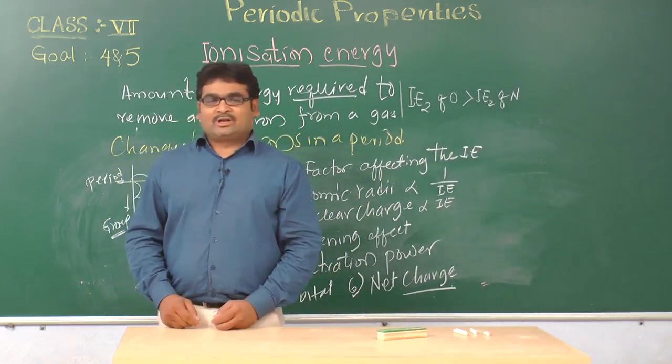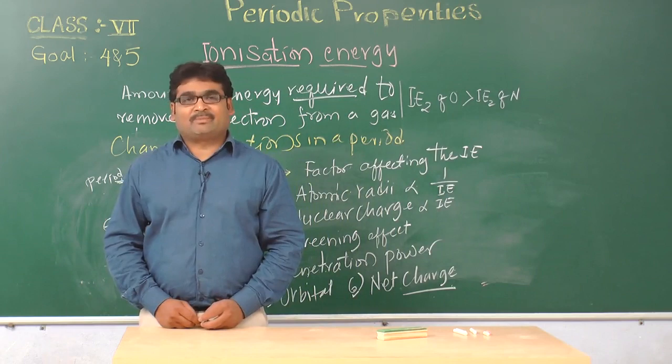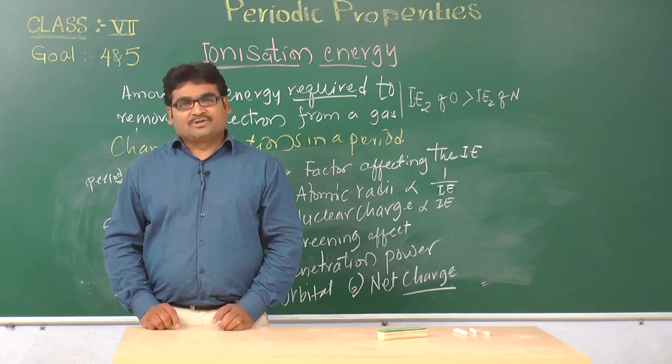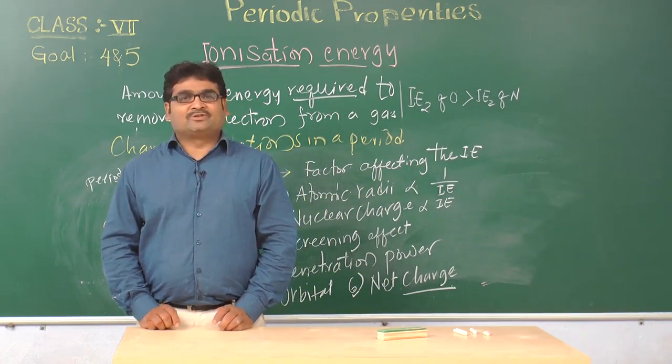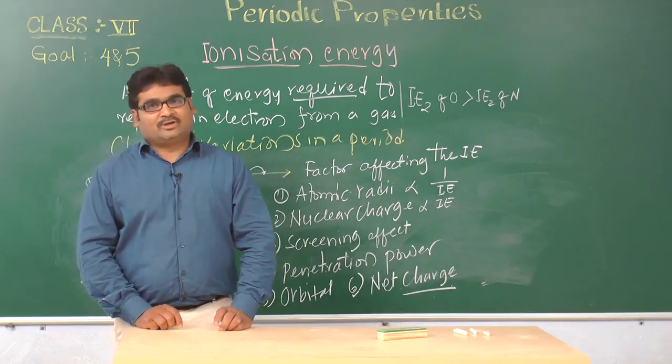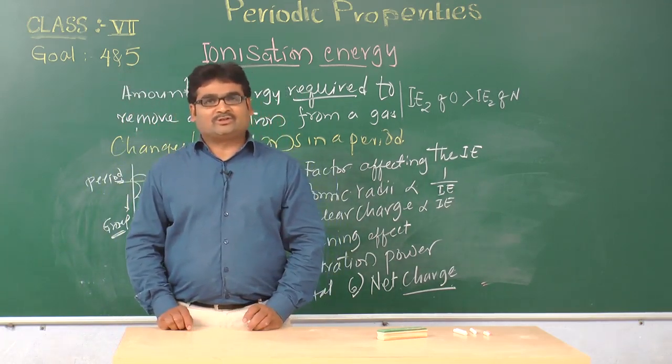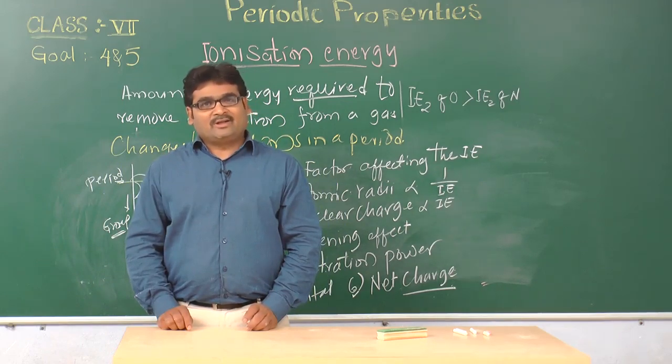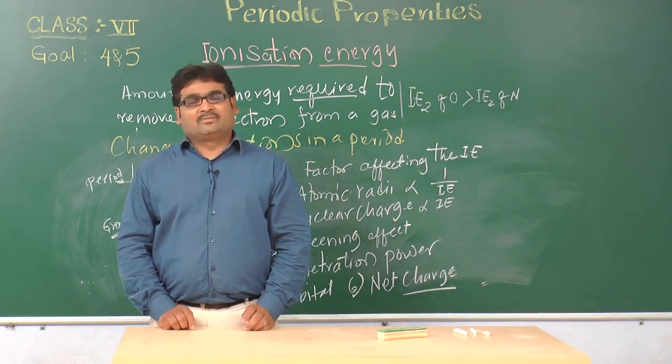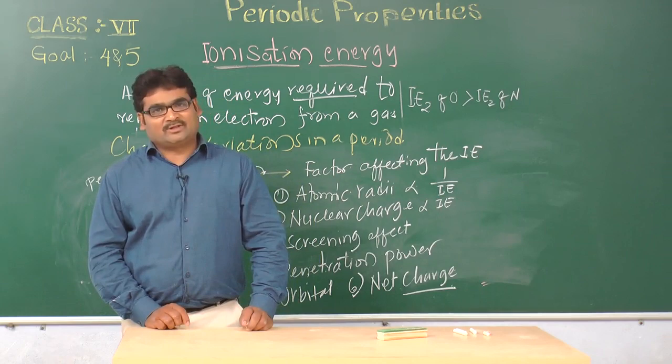The screening effect. As we know from the earlier class, we have already understood what is meant by the screening effect or the shielding effect. The presence of inner electrons between the nucleus and the valence electron decreases the attraction between the nuclear charge and the valence electron.